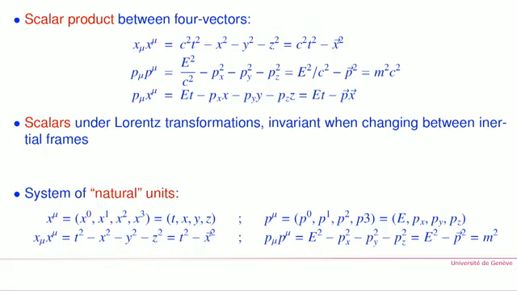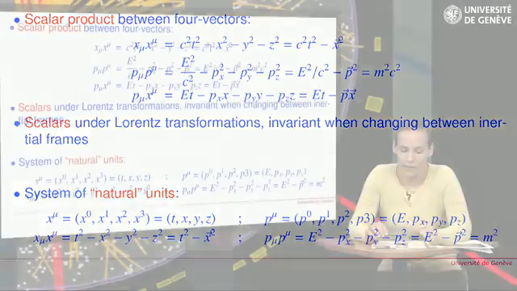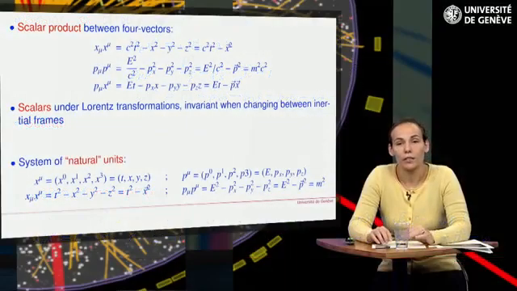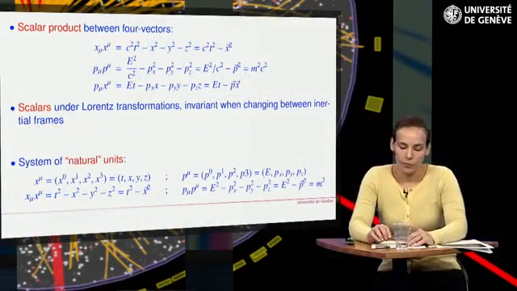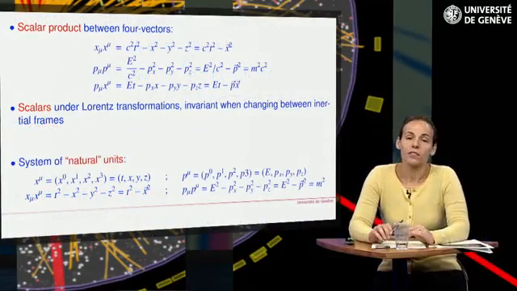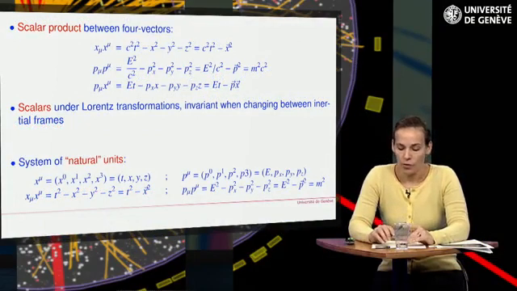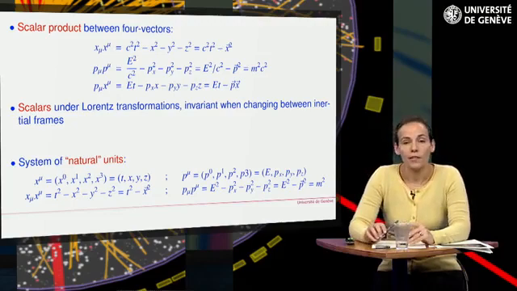The third example is the scalar product between the space-time and the energy-momentum four-vector, which shows up in the wave function of particles. The scalar products between four-vectors are all indeed scalars under Lorentz transformation, so they are invariant when one changes from one inertial frame to another.